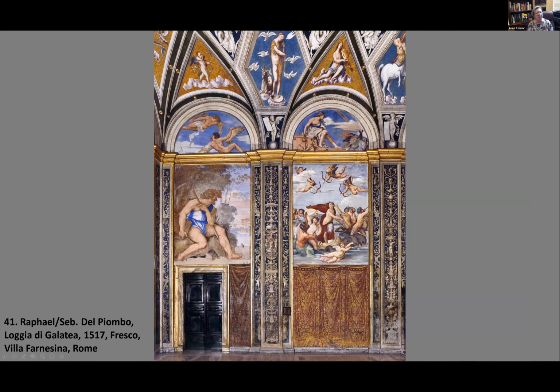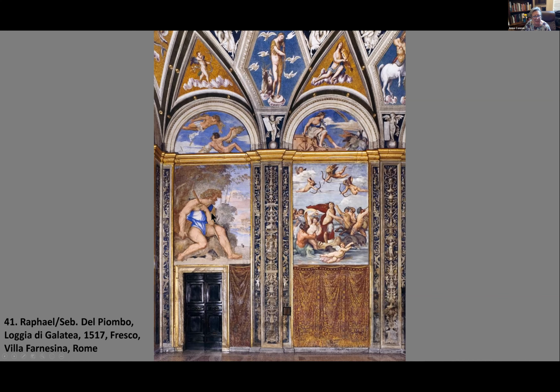He will not be restricted to religious composition, but also some mythological. So here we see Raphael as well as Sebastiano del Piombo, who was quite a great painter on his own, but received that commission for the Loggia di Galatea in the Villa Farnesina. On the left, the story of Galatea is that she was adored by the giant that you see here on the left, and was running away from him because he was really chasing her.